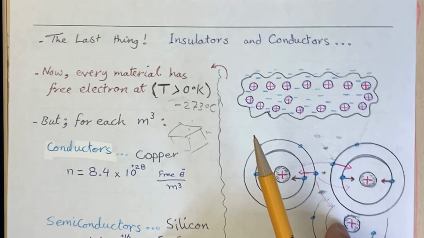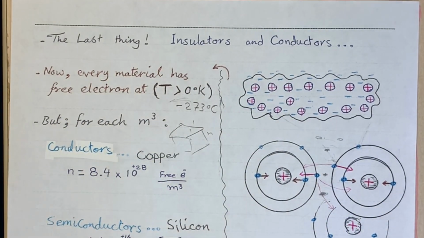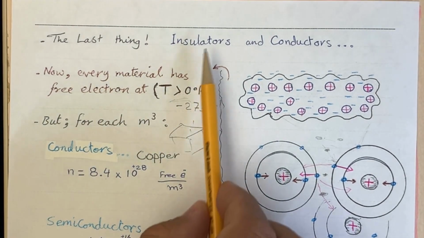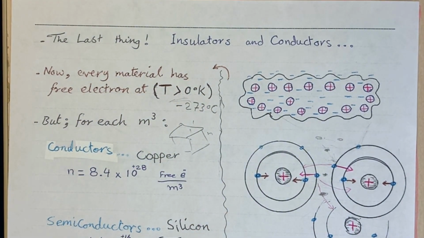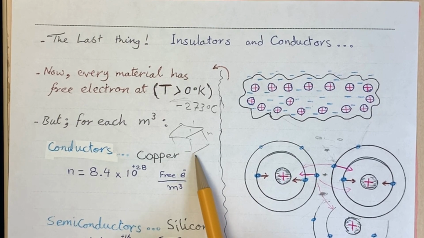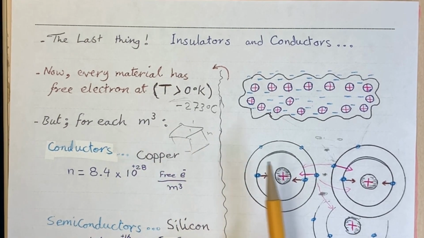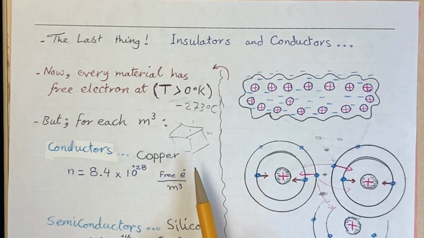Okay, to study this in physics quantitatively, we need to define things, and we need to study, for example, some insulators or conductors or semiconductors. So we need to consider a volume for this. Consider 1 cubic meter of that material, for example copper.